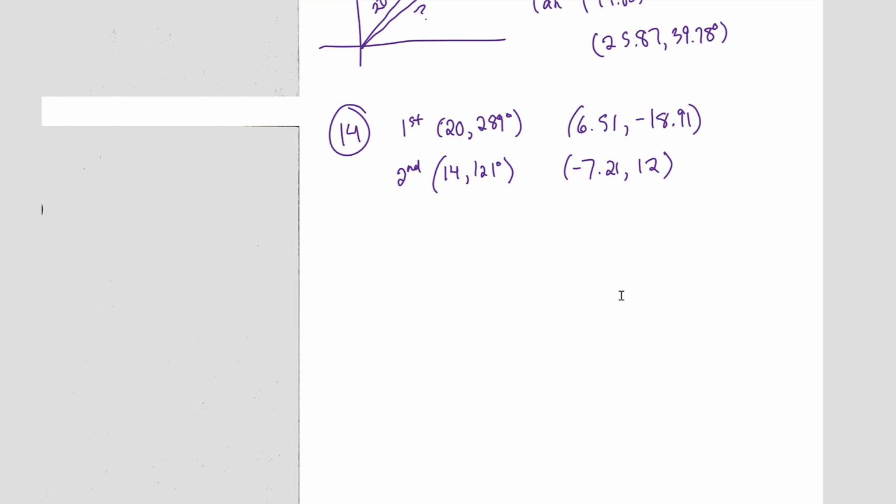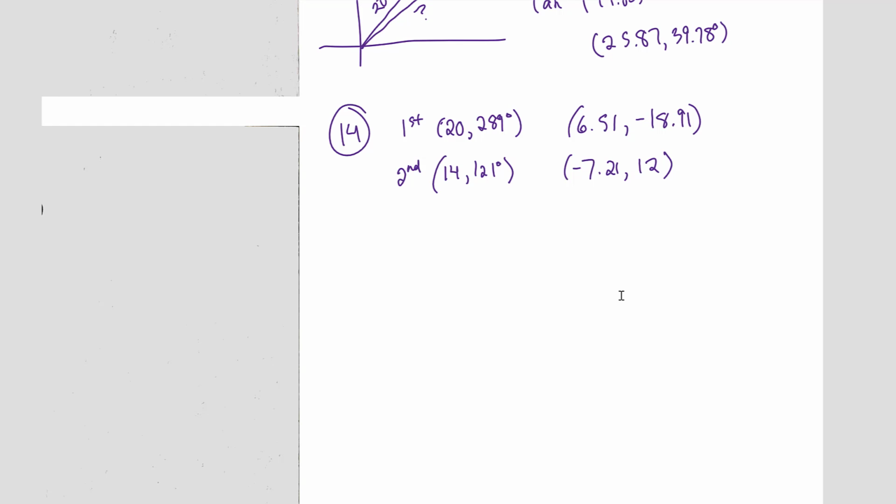If you do decide to draw them to check your end answer to make sure it makes sense, it might actually be easier to draw it from the x and y coordinates than from the 289 and 121 degrees. For degrees, that seems like really random places to have something.